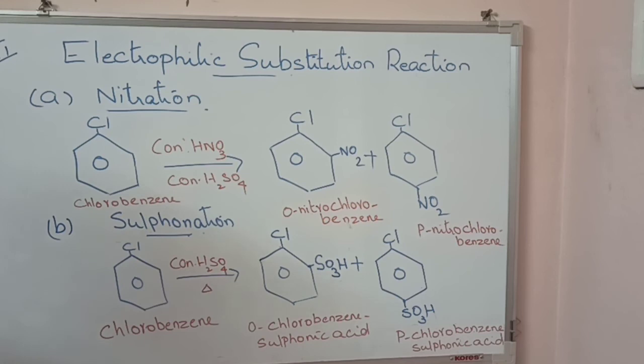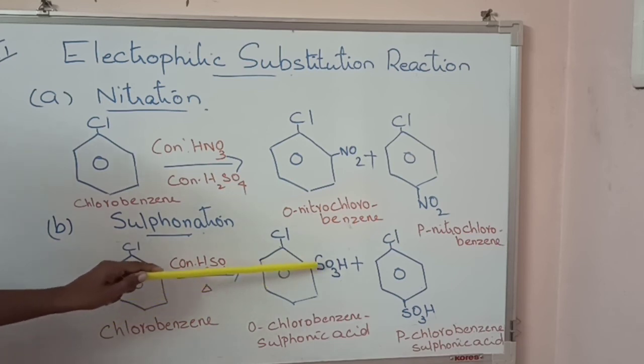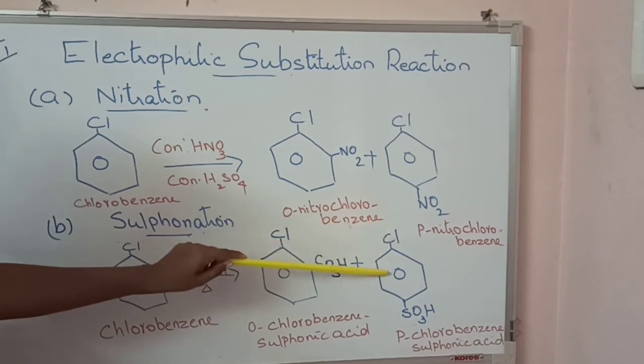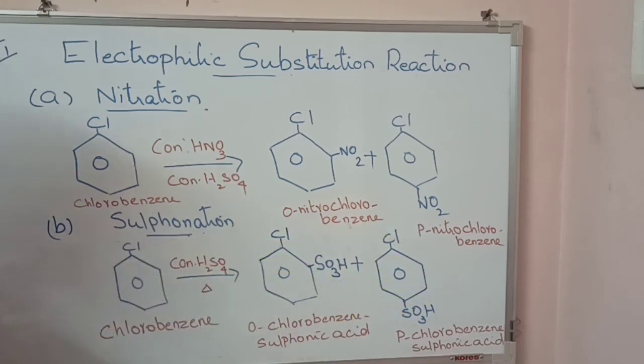Clear? Then second reaction is sulfonation reaction. Sulfonation reaction is reaction with sulfuric acid. So chlorobenzene on treating with concentrated sulfuric acid, then you will get a mixture of ortho-chlorobenzene sulfonic acid and para-chlorobenzene sulfonic acid.